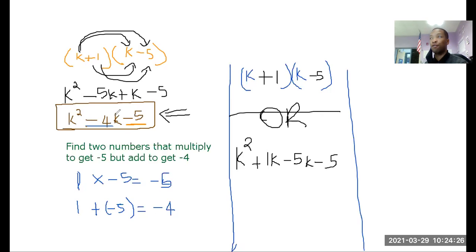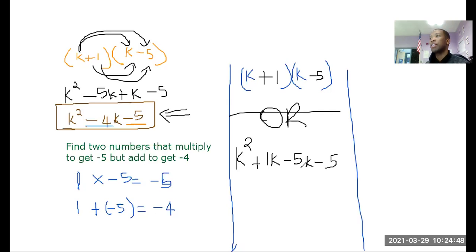Instead of putting negative 4k, I put 1k minus 5k, which is negative 4k as well. Do you see that? So the two numbers I picked, 1 and negative 5, I just separated the 4k into 1k and negative 5k. Now I just have to factor.